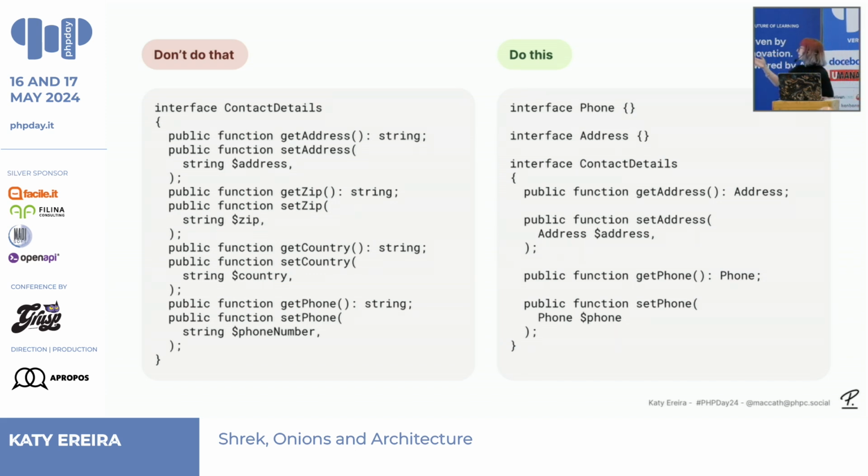For example, in the original example, a phone number can be any arbitrary string. There's nothing to stop me from typing some random text or sentence in there, but it's not a valid phone number. By creating a phone number value object, you say, okay, this is what a phone number is. It consists of that many digits, and if you try to give it something that isn't a phone number, it's going to error. That saves you a lot of headaches in terms of validation.